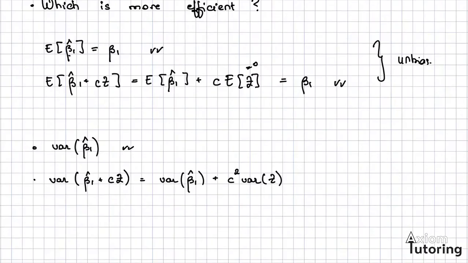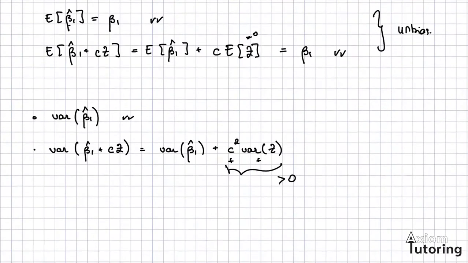Keep in mind, c was different from 0, so it means that c squared is going to be a positive number, regardless of c being positive or negative. And we also know that the variance of Z is a positive number, so ultimately this entire expression is something that is not 0.